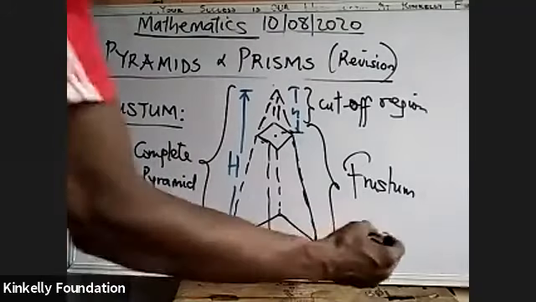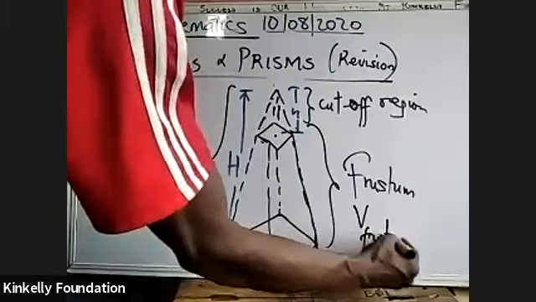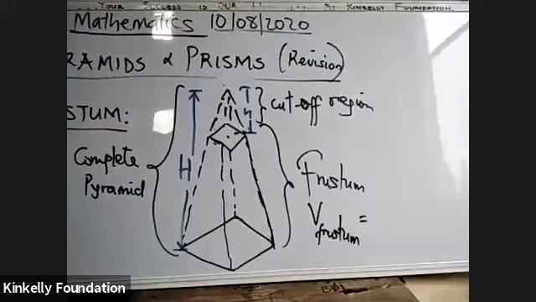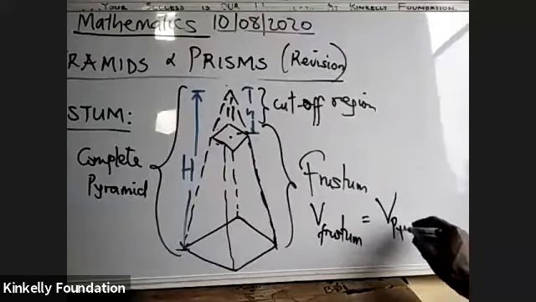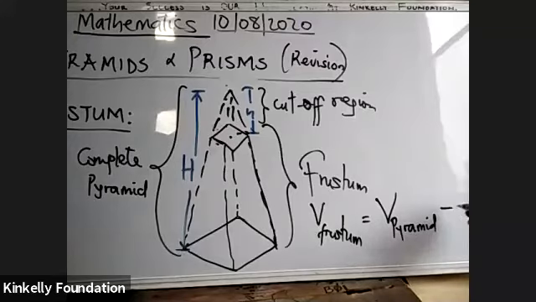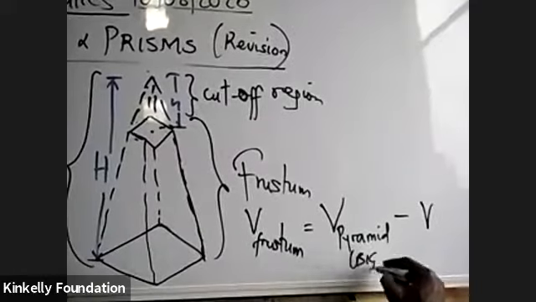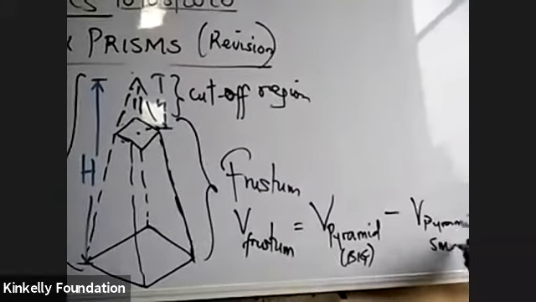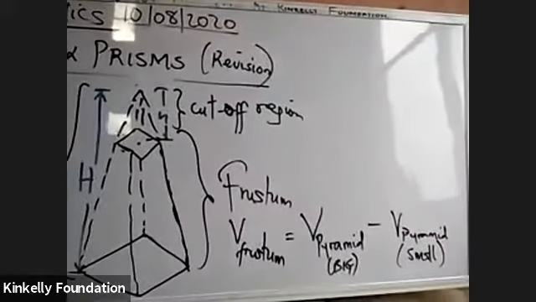Now we have that the volume of this frustum is equal to the volume of the big pyramid minus the volume of the smaller pyramid. This is the big one, minus the small pyramid. So this gives us the volume of the pyramid.